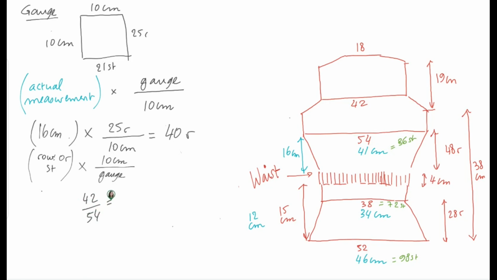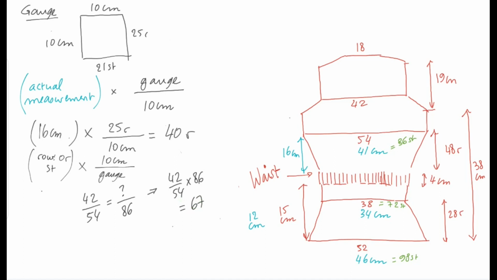That has to be the same as whatever I'm looking for over 86. So you do some proportionality and you get that my number needs to be 42 over 54 times 86. That turns out to be 66.9, which is 67.